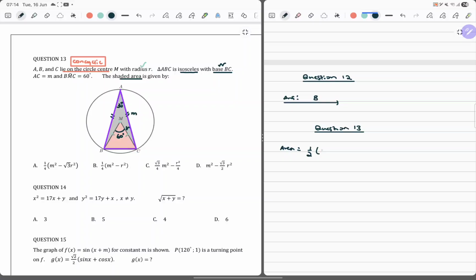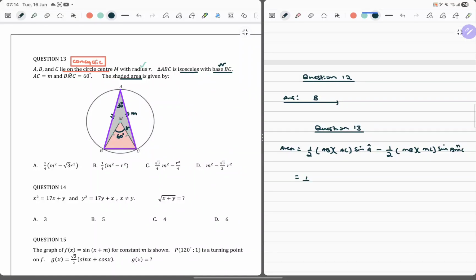The big one is going to be AB times AC sine of angle A, minus half MB and MC sine of BMC, right? Using the area rule.